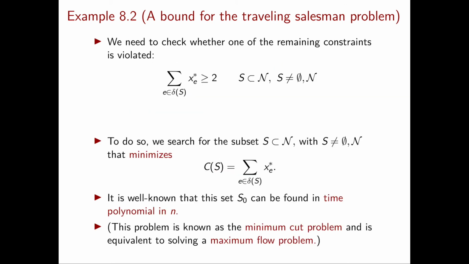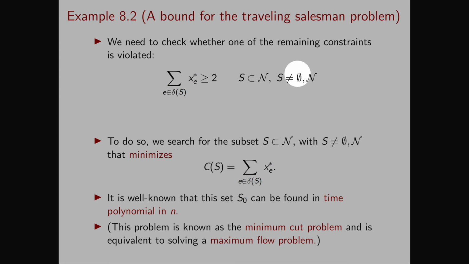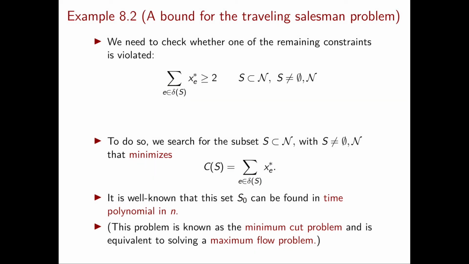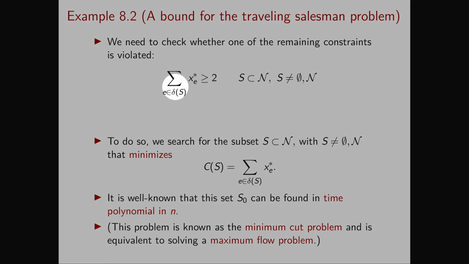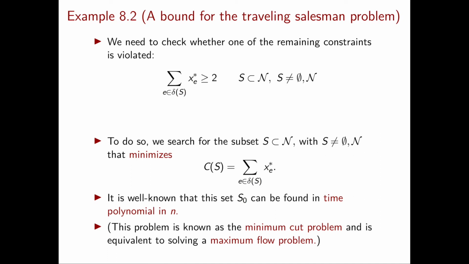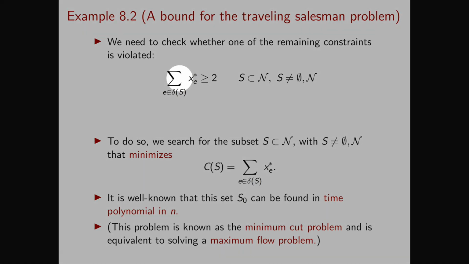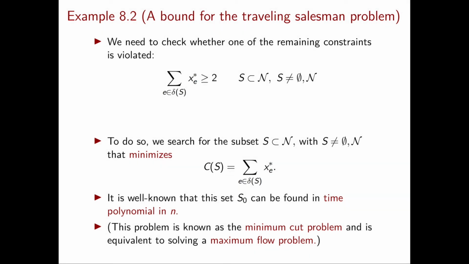We still have to check the remaining constraints, which I've written down once again over here. What we do now is we search for the subset S of n, different from the empty set, that minimizes this sum over here. We call this sum C of S. We will denote by S0 this set that minimizes C of S. Now it is well known that S0 can be found in time polynomial in n.